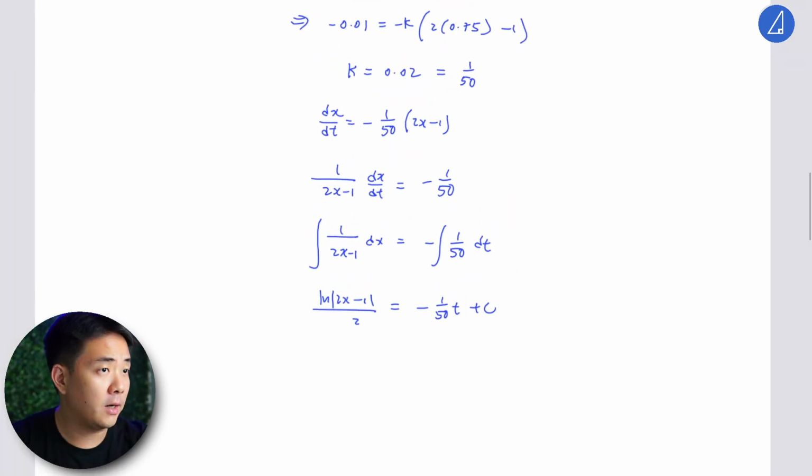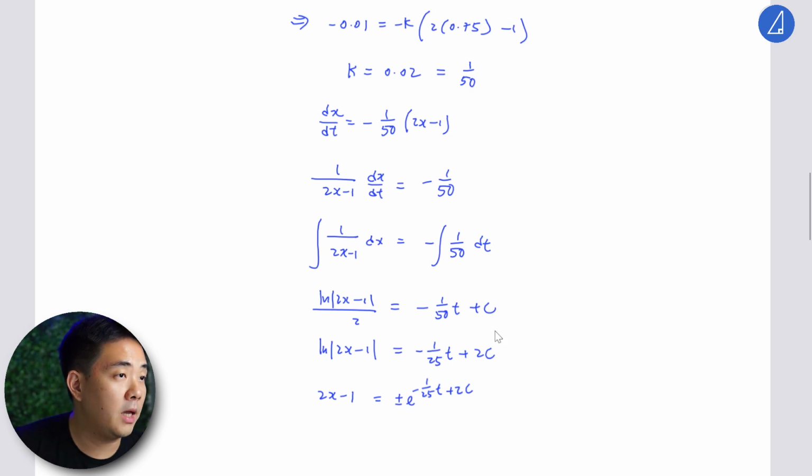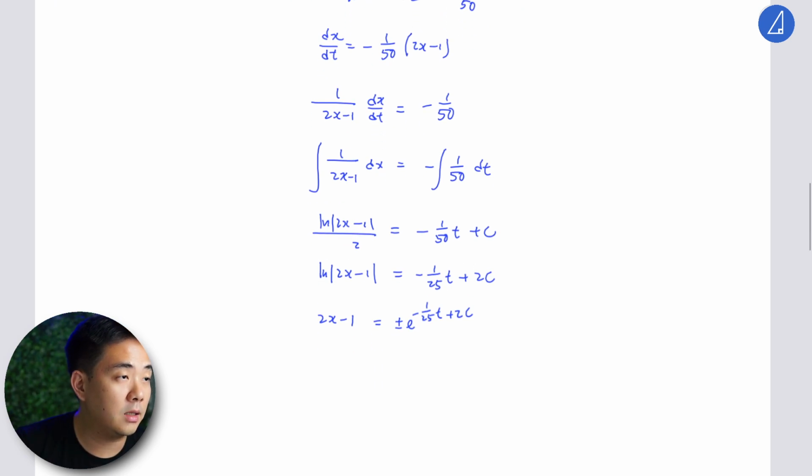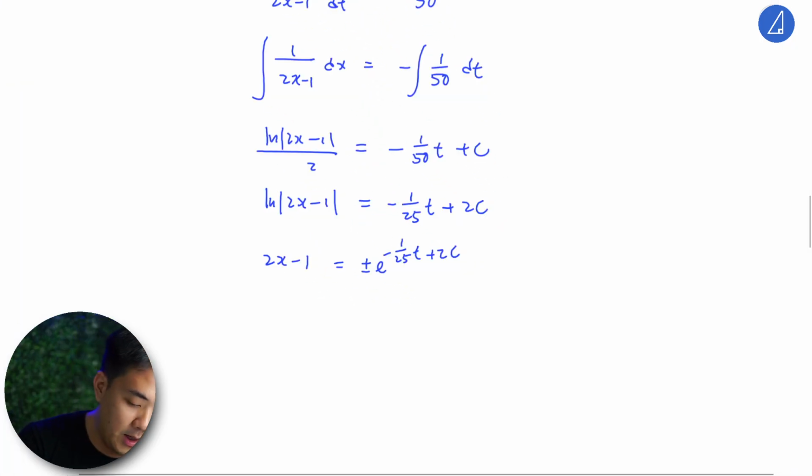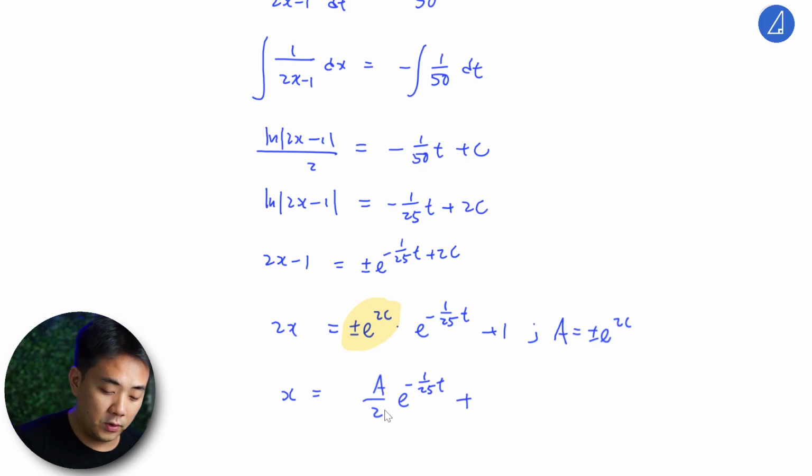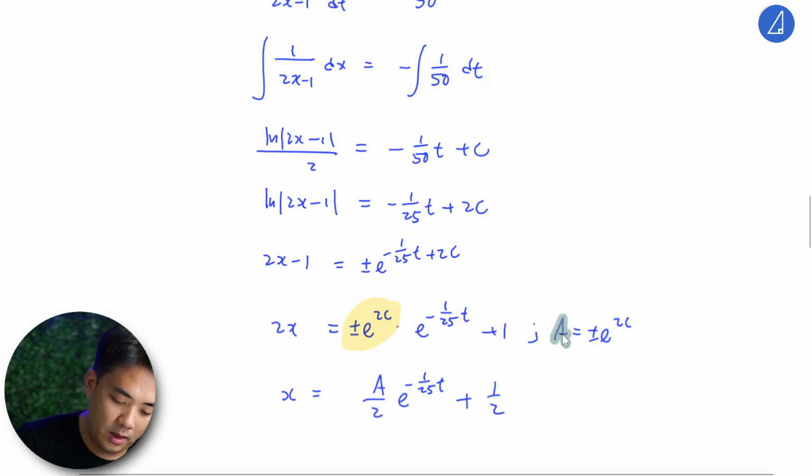Make x the subject. Expanding the exponent there, then you get this. Then what we get is plus or minus e to the 2c times e to the minus 1 over 25 t, plus 1. I'm going to let A be this entire thing, which is a constant. I think I should just let A equal this divided by 2.